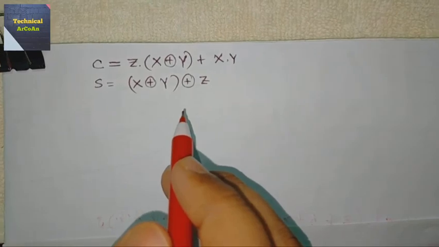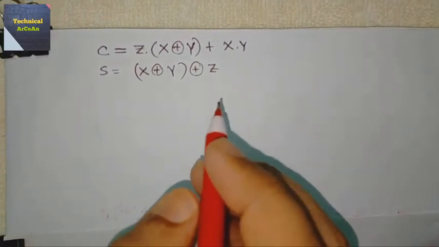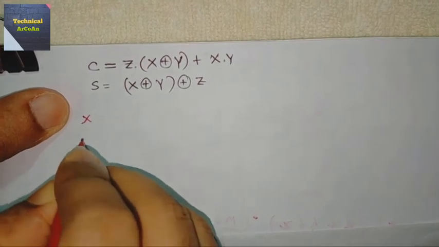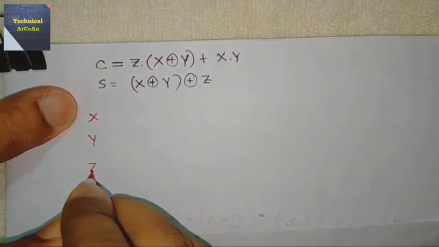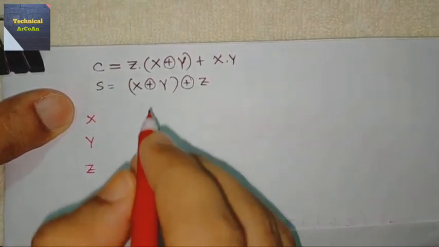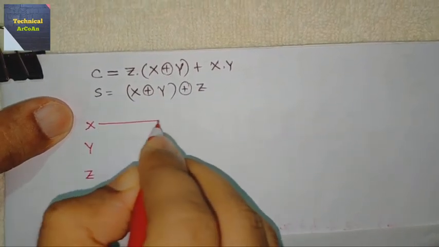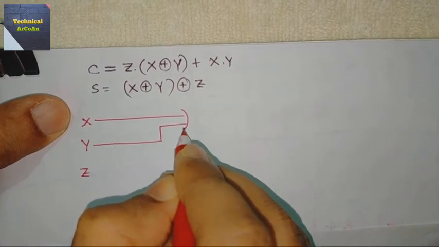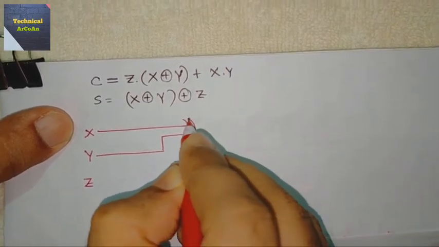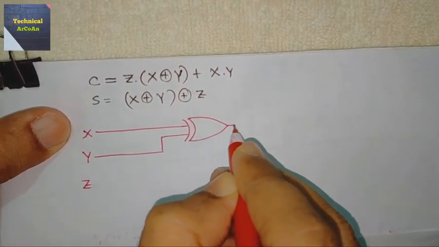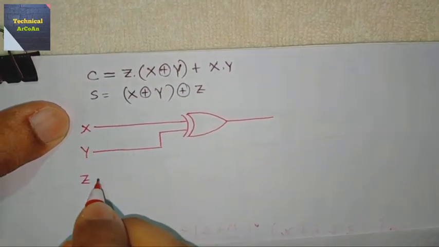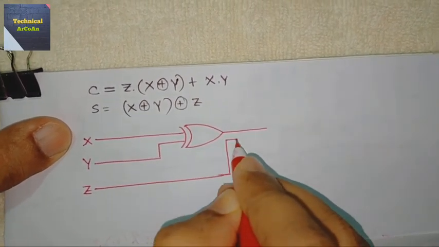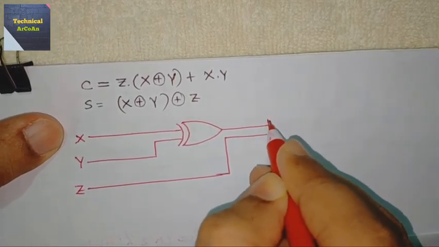So now we draw the logic diagram for the full adder. There are three inputs x, y, z. So at first we find our C. First we do this XOR, so we draw this XOR gate. This is your XOR, and from there z dot, dot means AND, right? So there is an AND gate.